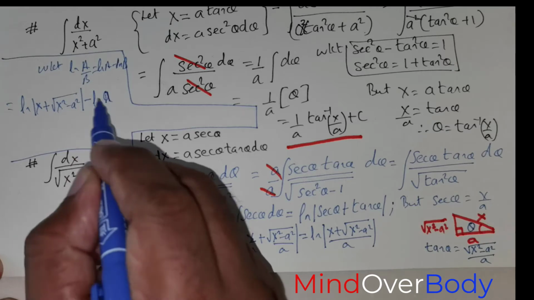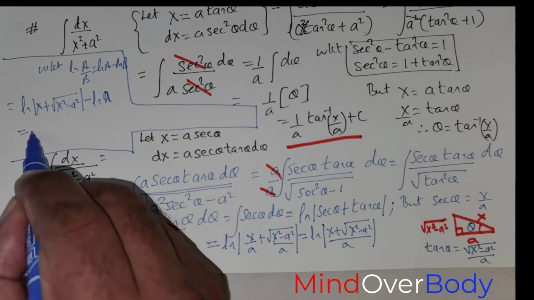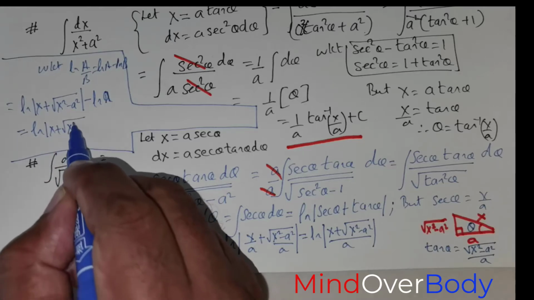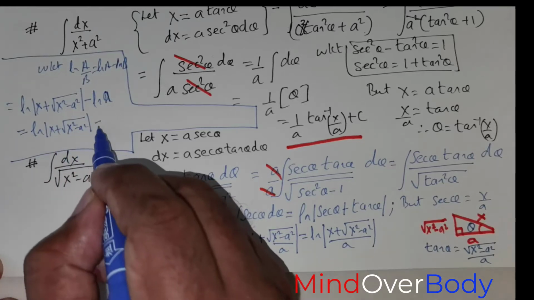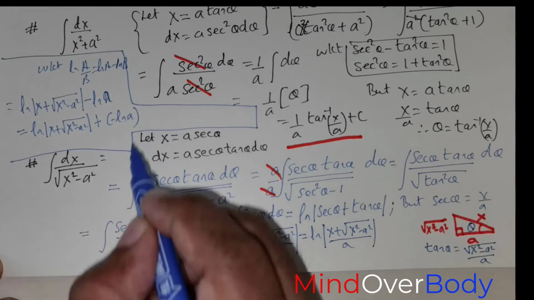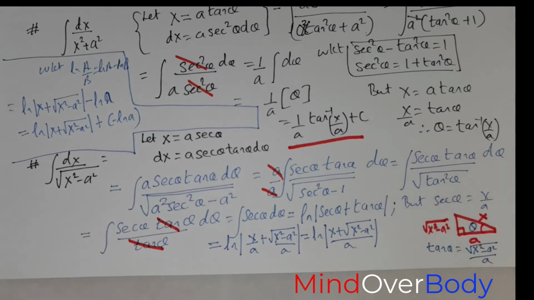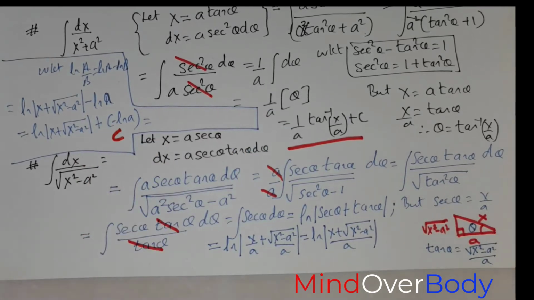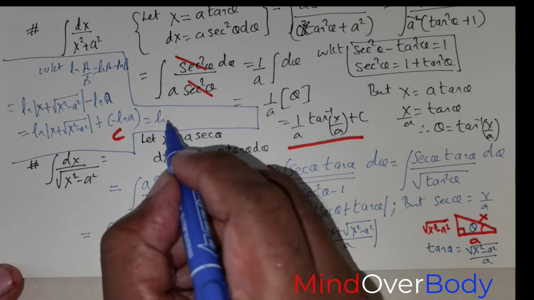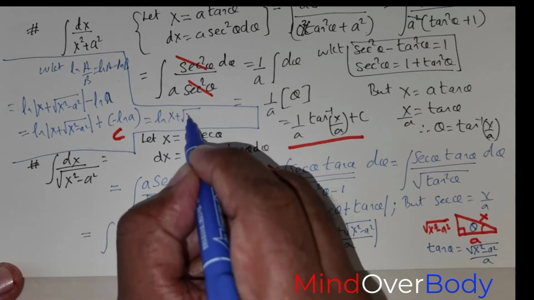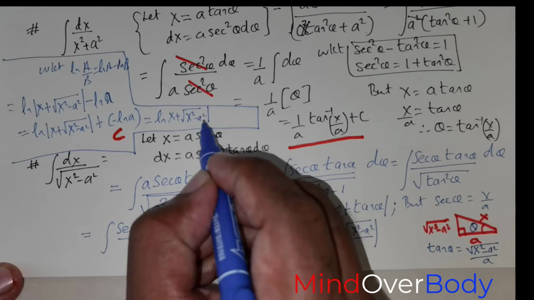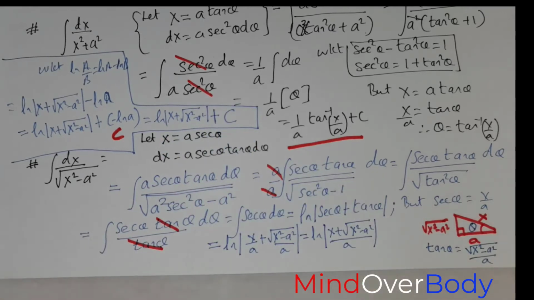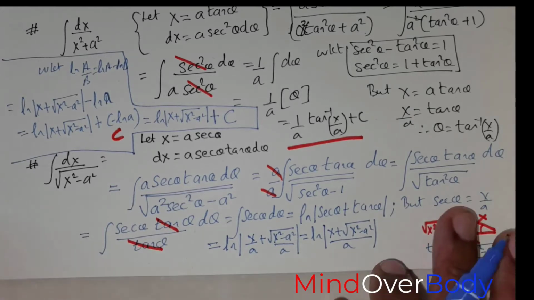Now this is rewritten as ln of x plus root of x squared minus a squared, plus negative ln a. But this can be considered as a constant c. This entire thing is constant c. So I'm rewriting this as ln of x plus root of x squared minus a squared, plus arbitrary constant c. So this is exactly what we have got.